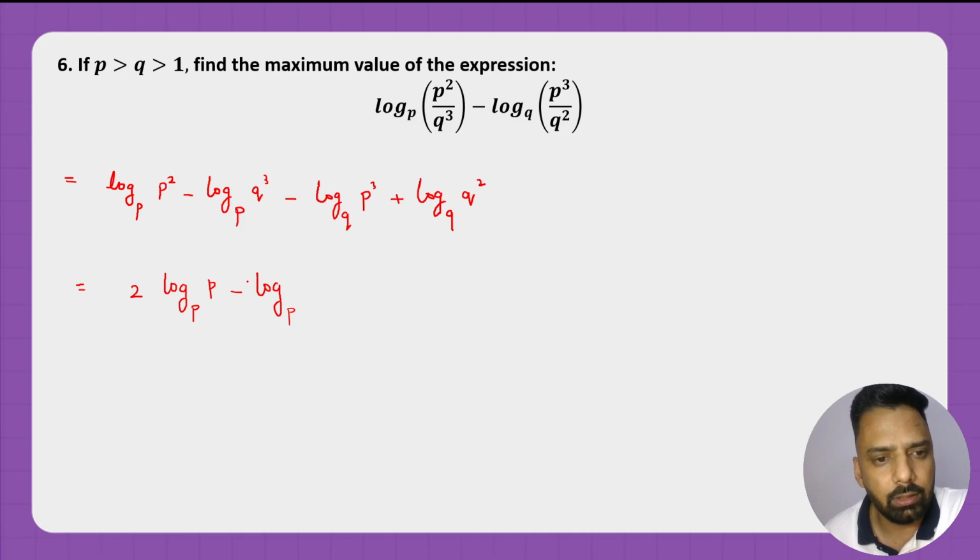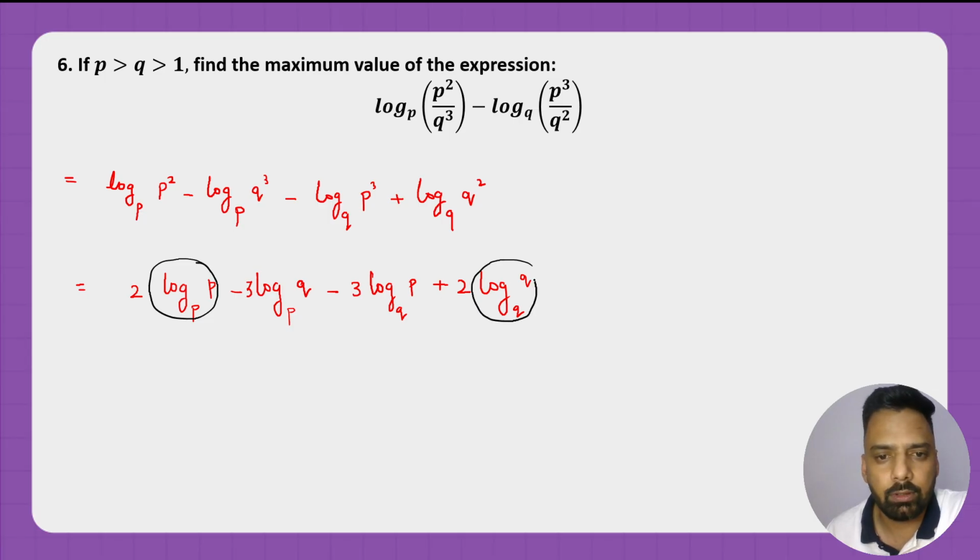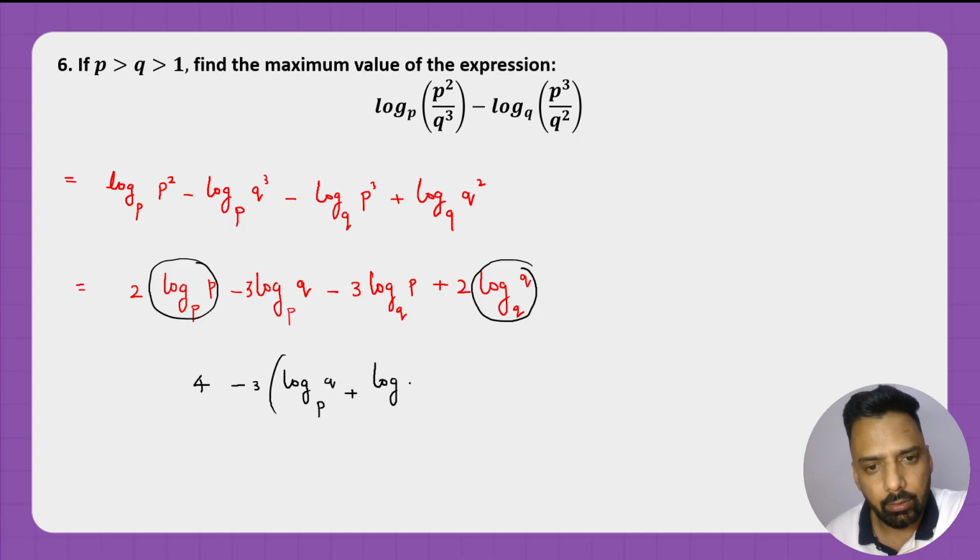I can write 3 को हम बाहर लिख सकते हैं, 3 log q minus 3 log p on base q plus 2 log q on base q. This one ये वाला portion तो simply 1 हो जाएगा. Okay, log of p on base p, this is 1, this is also 1. 2 plus 2 is 4, 3 हम कॉमन ले लेते हैं, minus 3 log q of base p plus log p on base q.